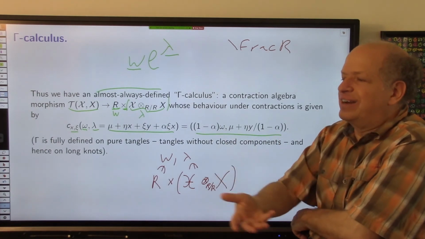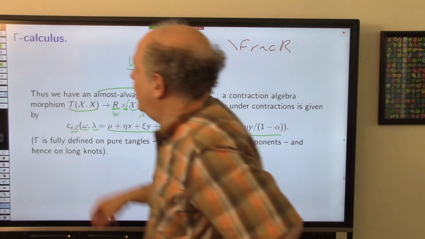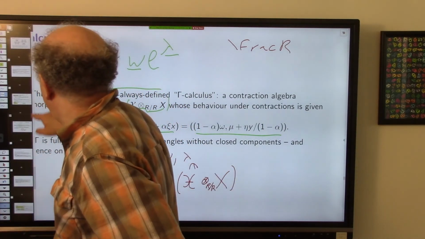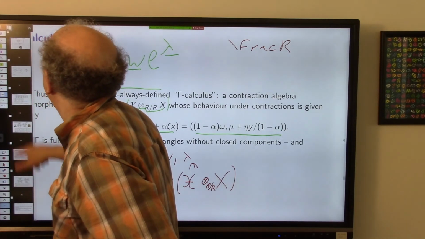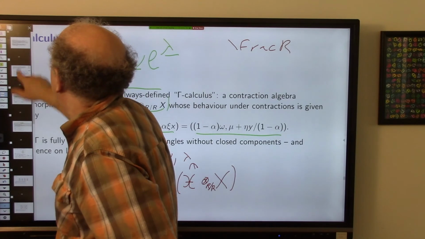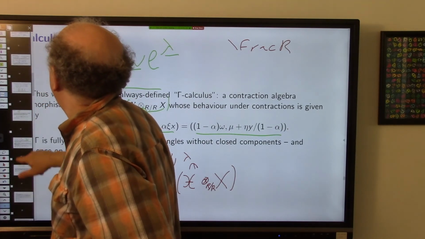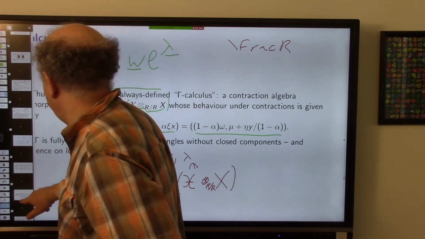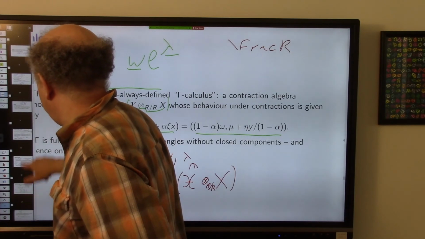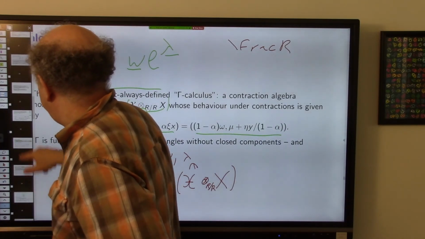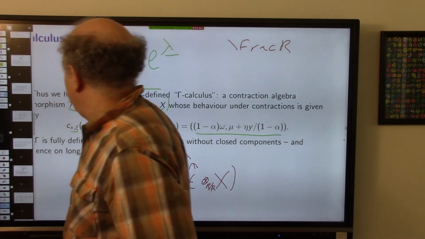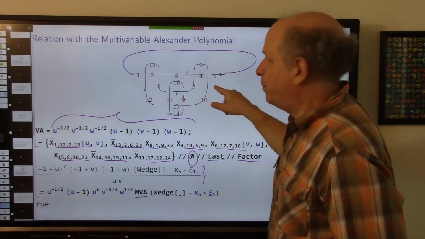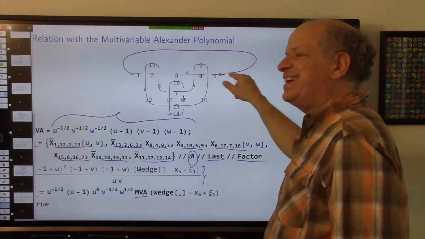So if you want to get an actual interesting invariant, you have to leave one component open and compute before that last closure. When I computed the invariant of the Borromean link, the closing I did by hand.